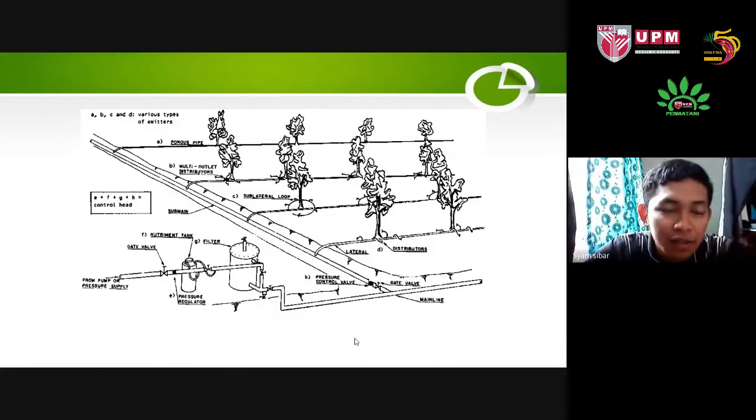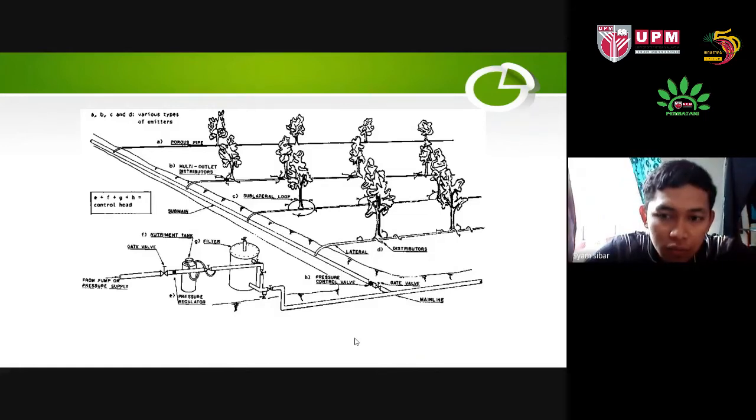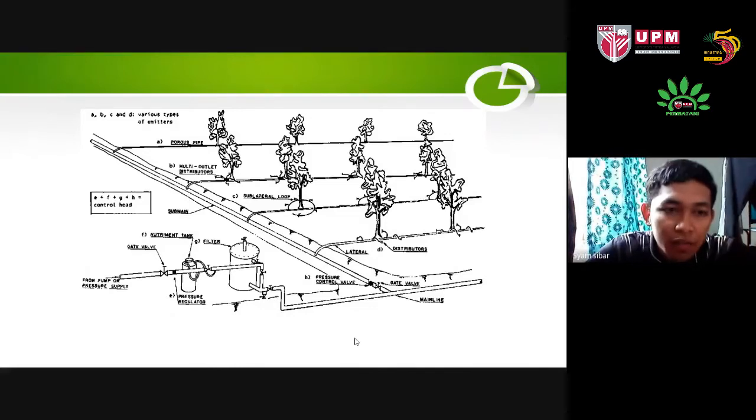At the plants, as you can see, we can space the emitters or drippers 1 meter apart when we use them at a single plant such as a tree. For row crops, we need to use more closely spaced emitters to wet the soil.